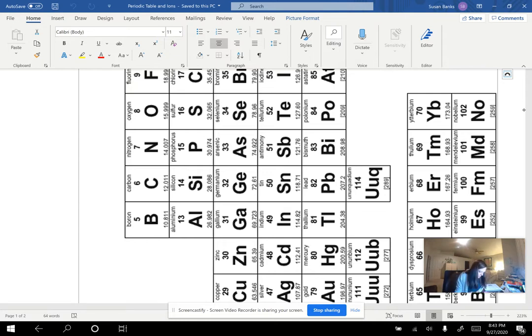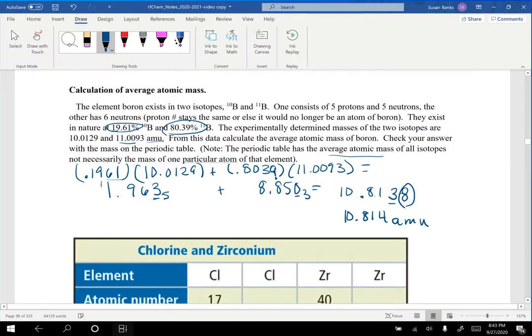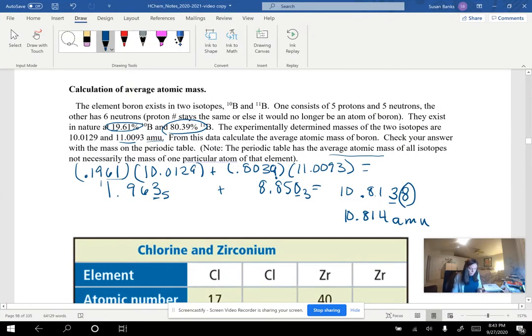Now remember, this last digit here is an estimate, okay? So it doesn't matter that I'm off on that, because that is an estimate. So we got 10.814. So yeah, we're within our rights because that is an estimate.